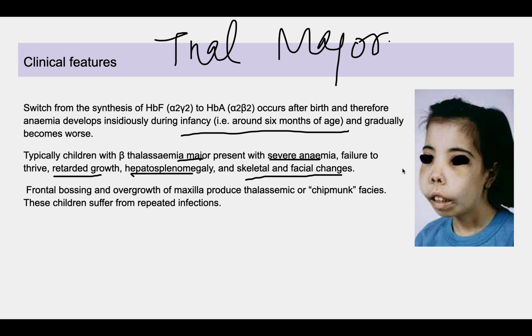The typical face of thalassemia patients is known as chipmunk facies, because in this photo you can see there is frontal bossing and overgrowth of the maxilla because of the extramedullary production, the bony growth. These children also suffer from repeated infections.